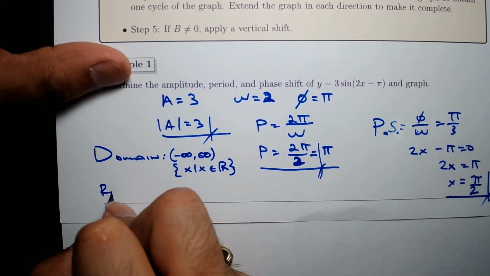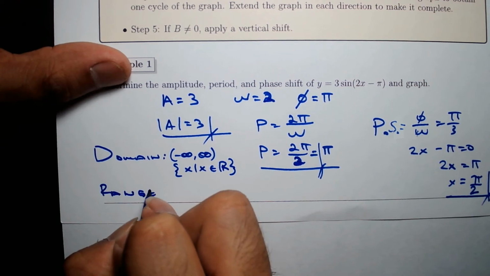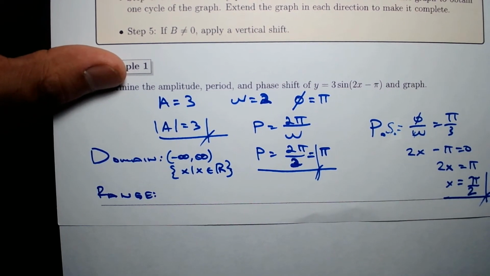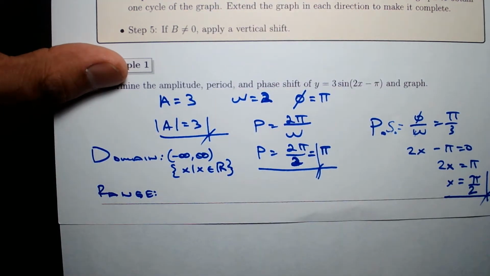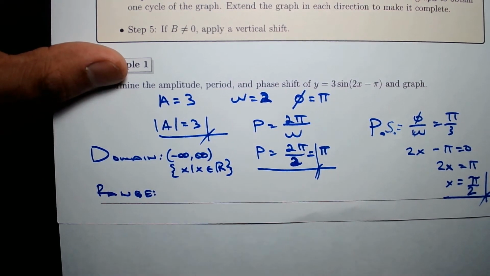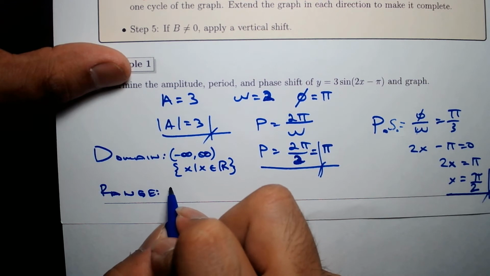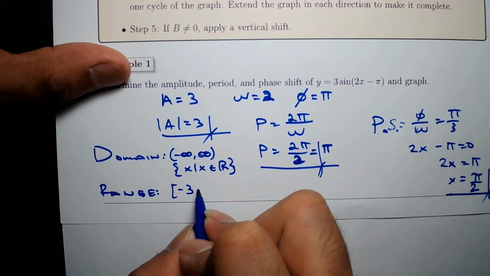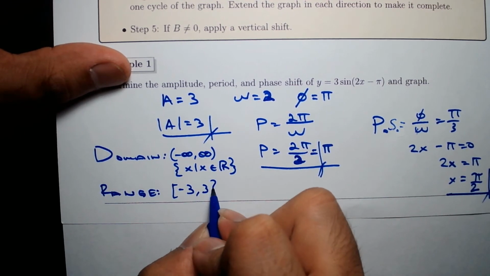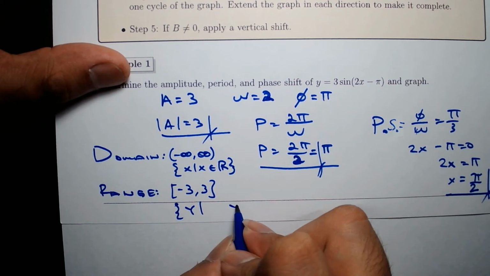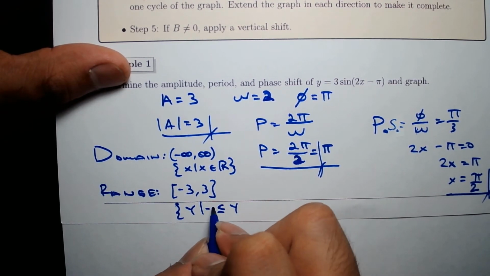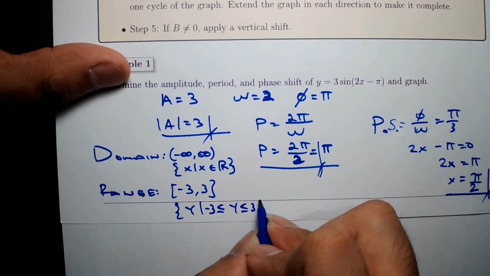As far as the range, notice how the graph goes from -3 to 3, dictated by the value of a from the amplitude: y such that y is greater than or equal to -3 and less than or equal to 3.